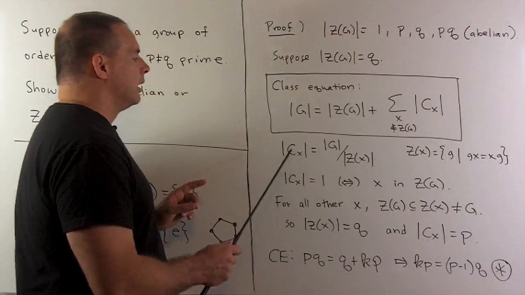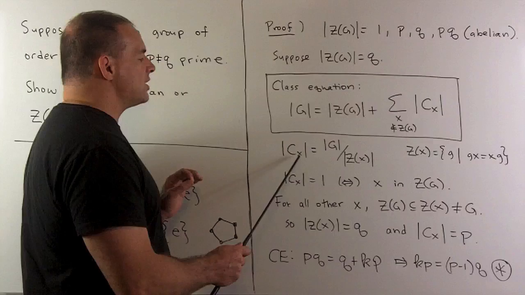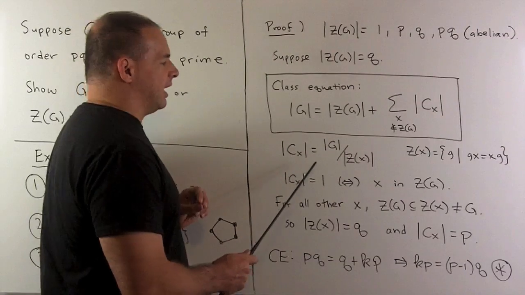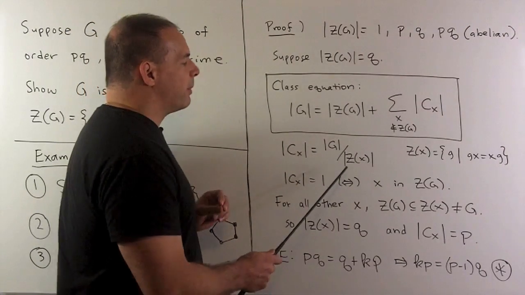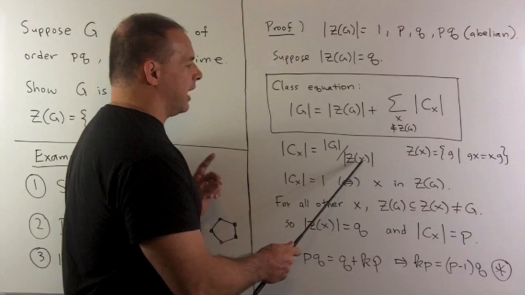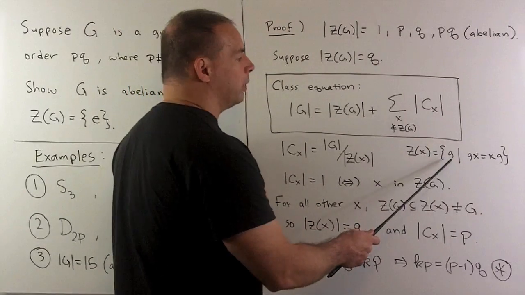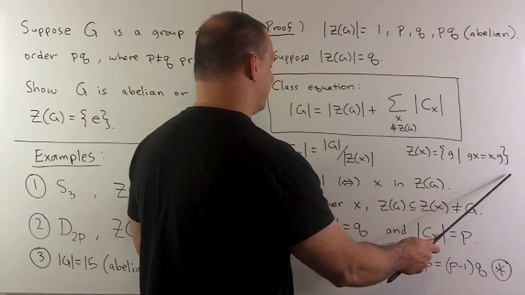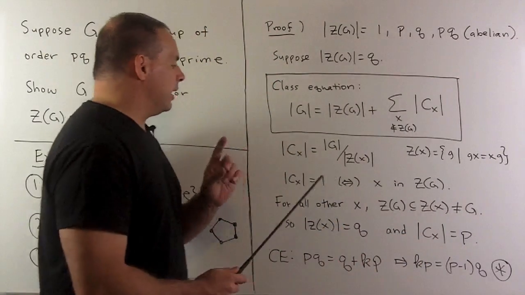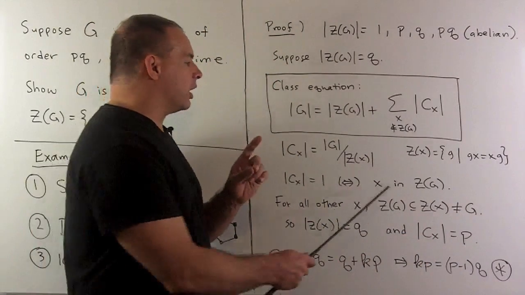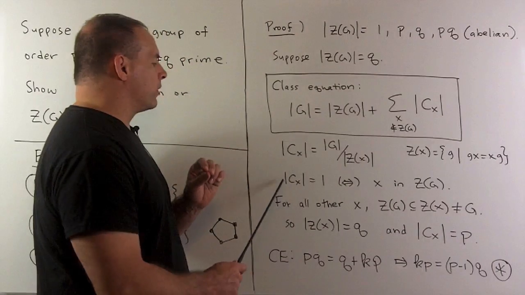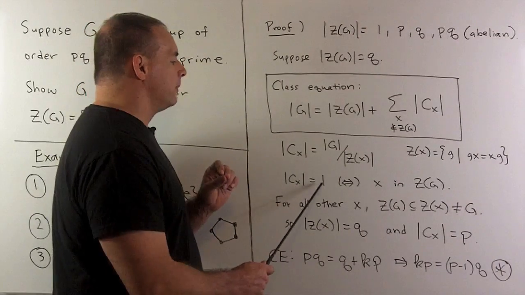We note, if I have any conjugacy class, its order is given by taking the order of the group and dividing by the order of the centralizer of the element. Remember, the centralizer is the set of all elements in the group that commute with our element. Now, if our x is in the center, then the order of the conjugacy class is equal to 1, and vice versa.